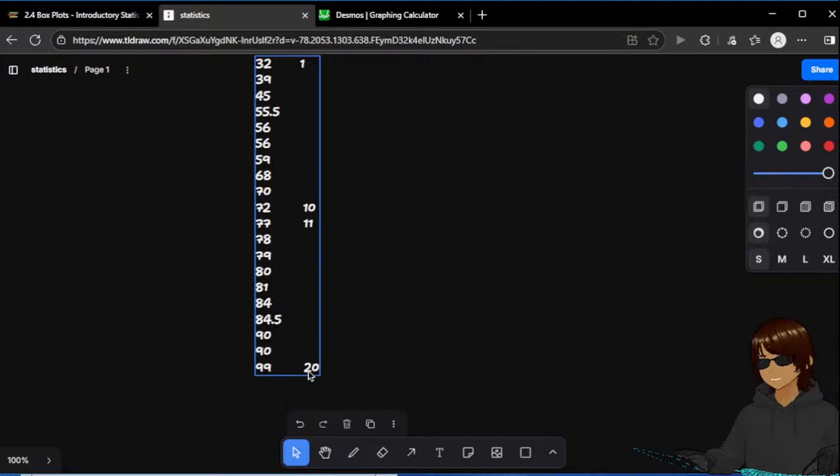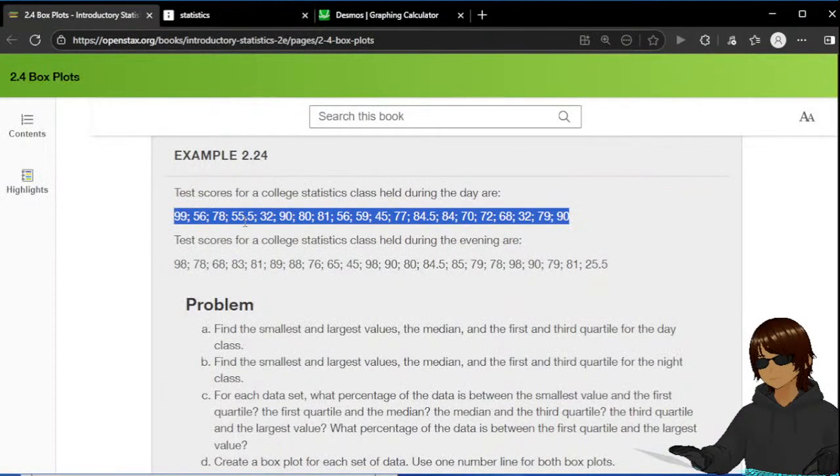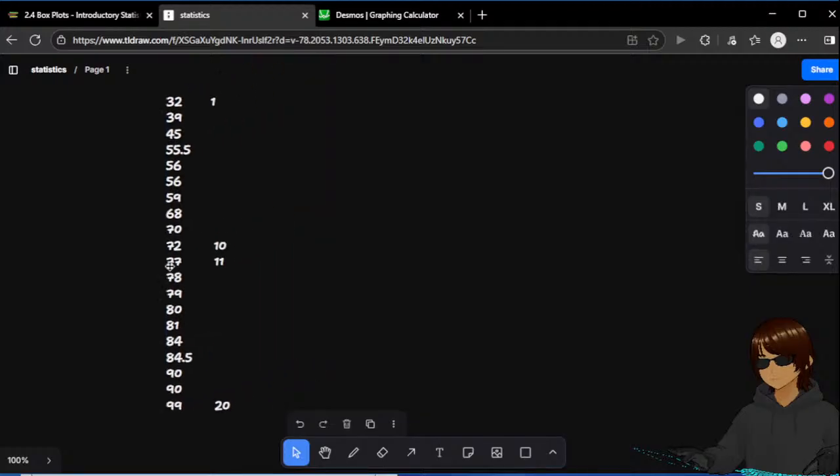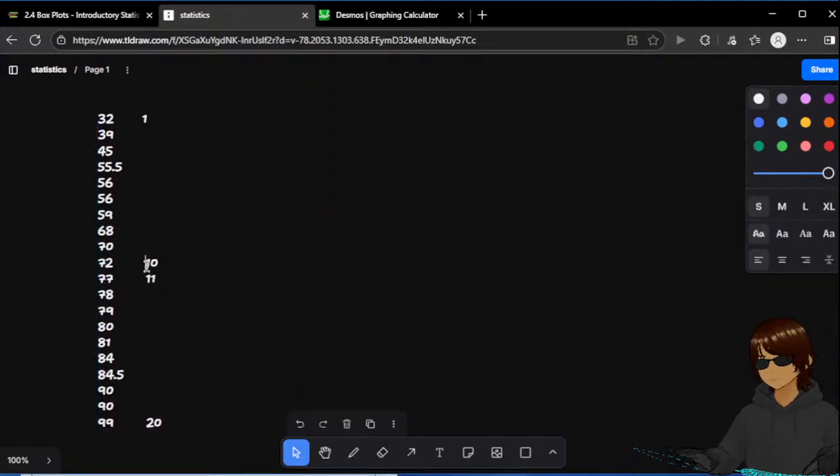So between 20 and 12, there are 9 numbers. Between 9 and 1, there are 9 numbers. So the median is 72. Wait. The median is between these two.